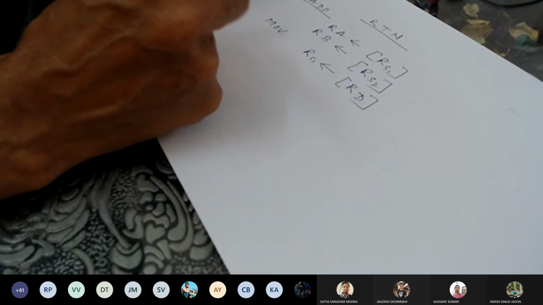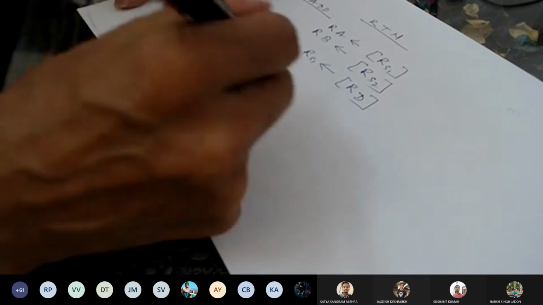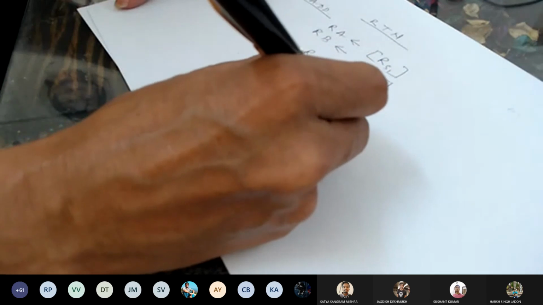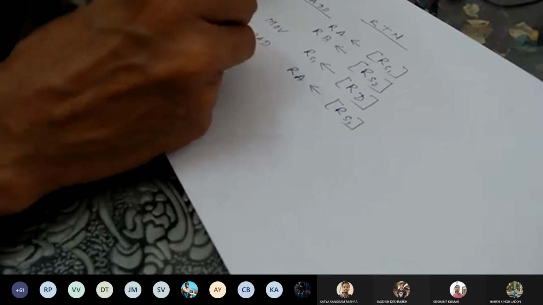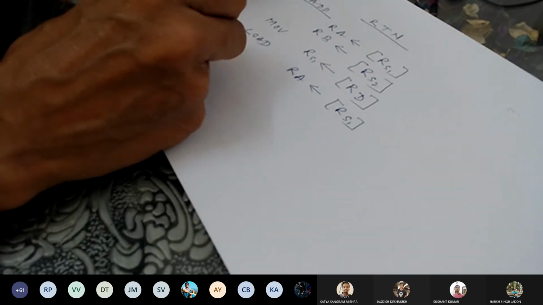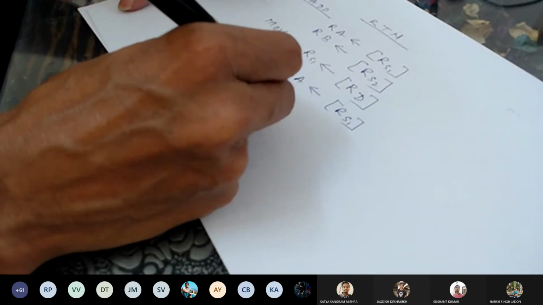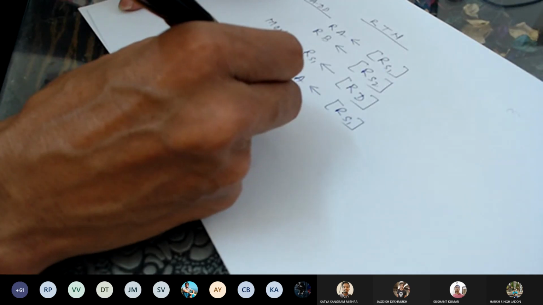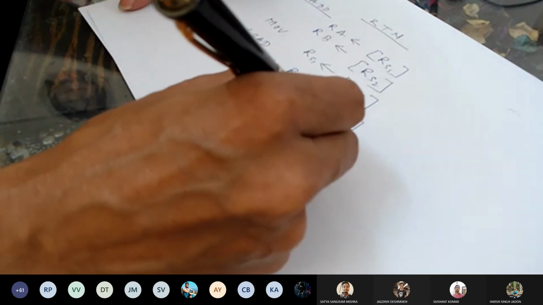Then for load, we need RA equals RS1. Then in case of store, we require RD equals RC.